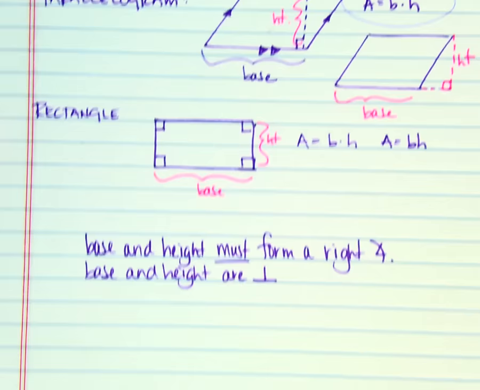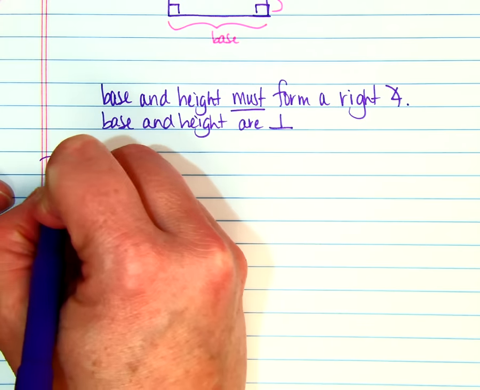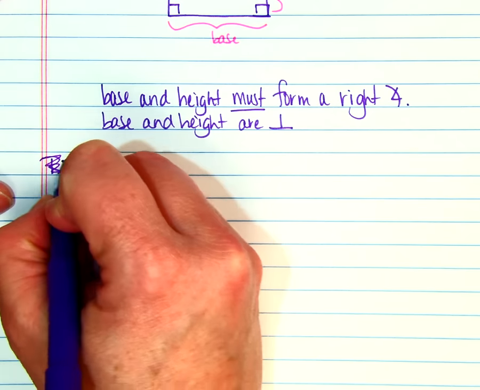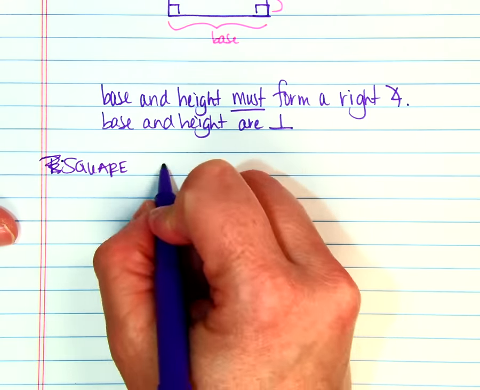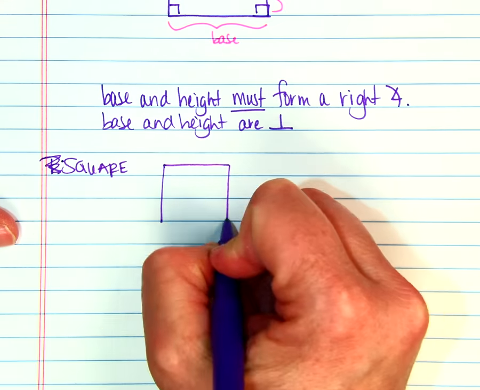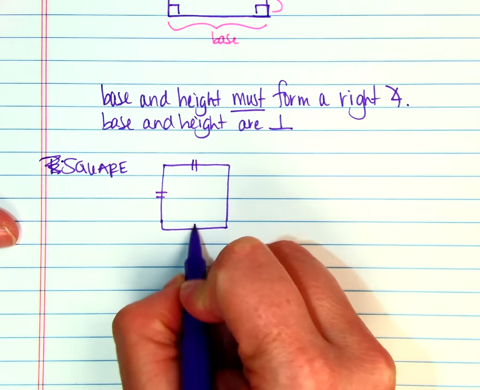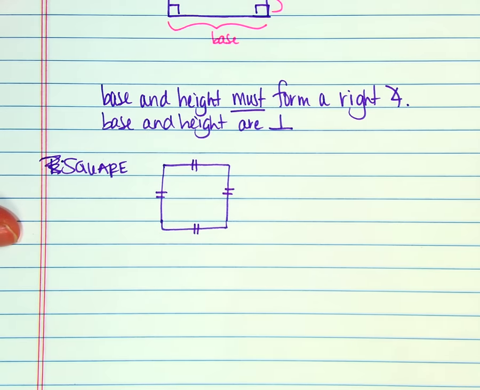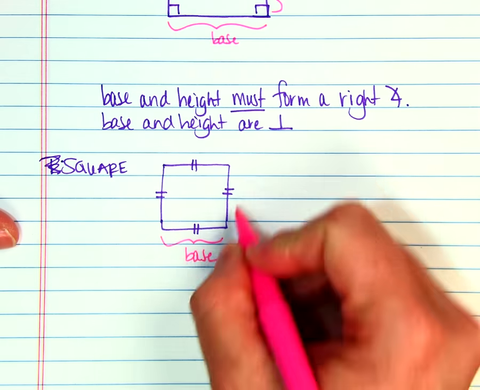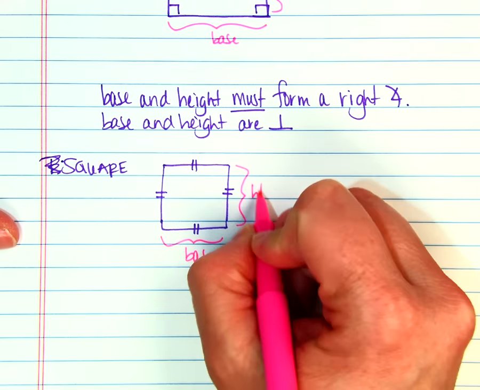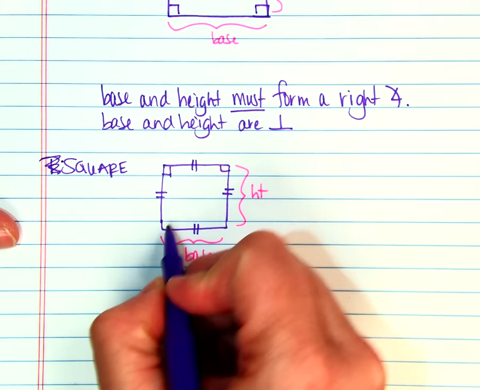Moving on to a square. We know what a square looks like. Okay, it's a rectangle, but more specifically, all 4 sides are congruent. So because it is a rectangle, this is still my base, and that is still my height, because I do have 4 right angles in here as well.